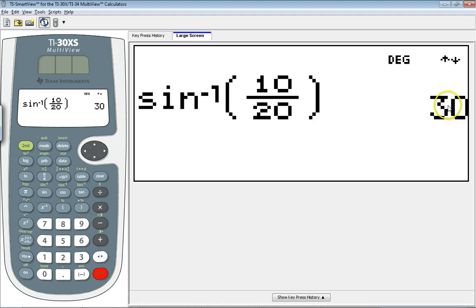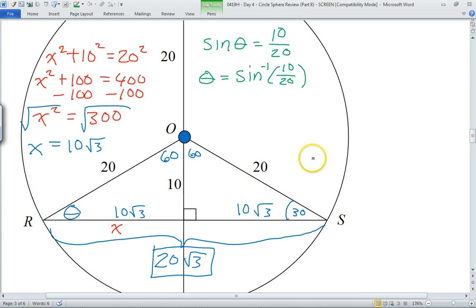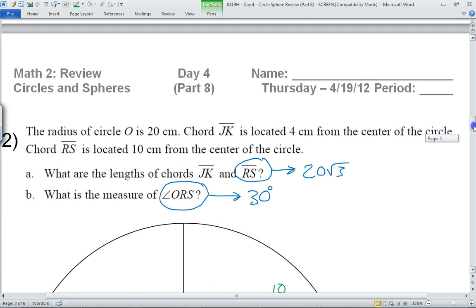Okay, and we do get 30 degrees. But we already knew that. So either way, the answer is 30 degrees. Alright, so that's it for problem number 2.